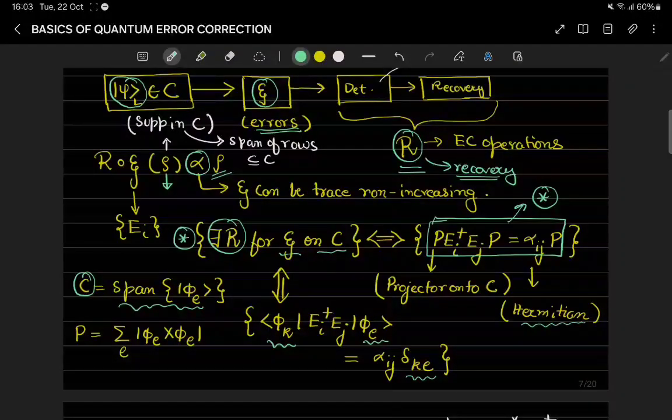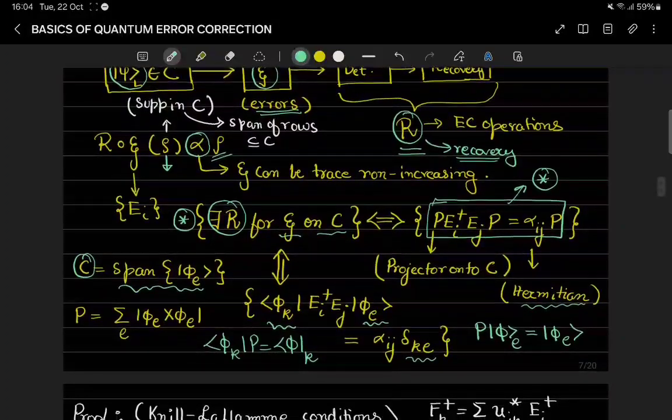So P acting on phi L is equal to phi L, and similarly phi K P is phi K. Using this, we can also frame the condition in a different way that I am showing on the screen.